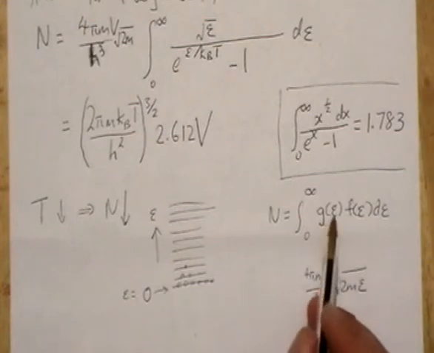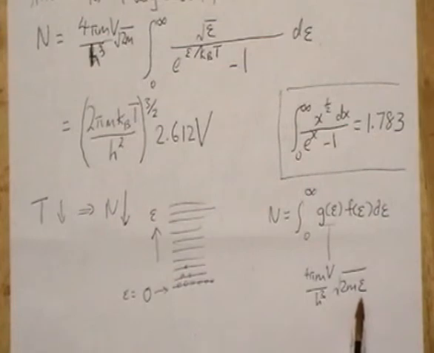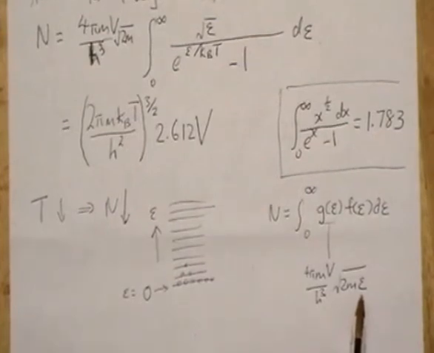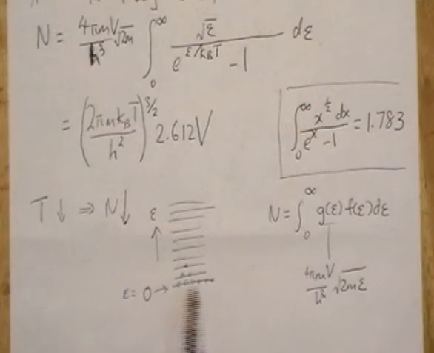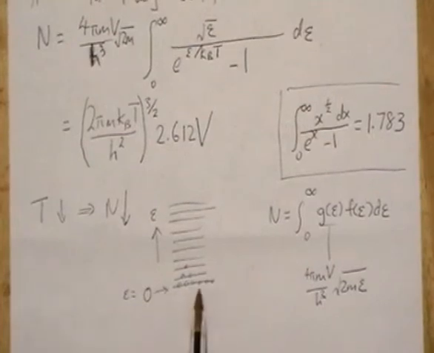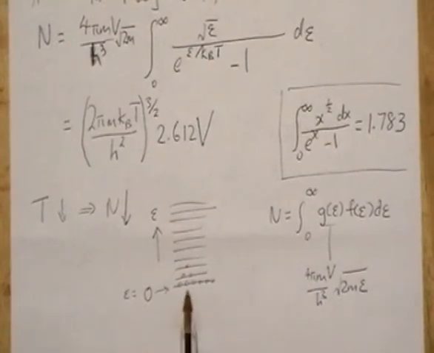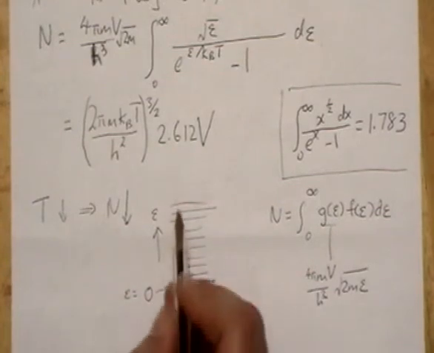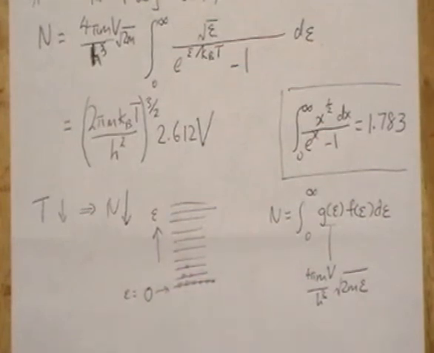Now the fact that the density of states is 0 when E is 0 does not mean that there are no states at E equals 0. It just means that there are perhaps very few states there compared to high energies.